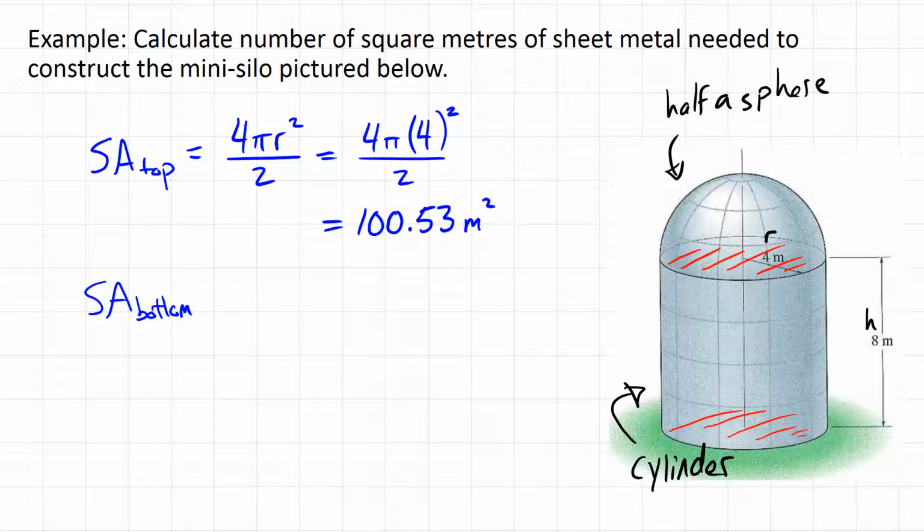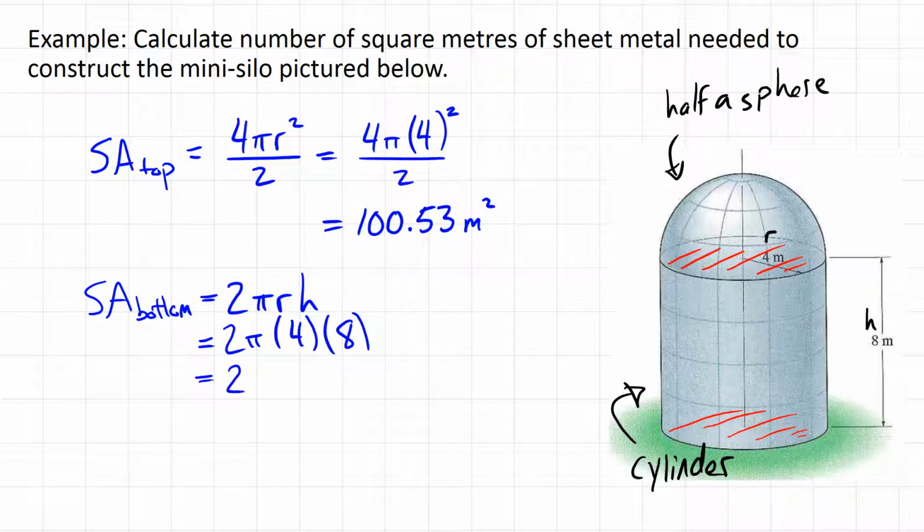So we only need the side of that cylinder, and we can look up the area of the side of the cylinder from our formula sheet, and that's 2 pi r h. We have the radius and we have the height, so we can plug that in. 2 pi times 4 times 8.